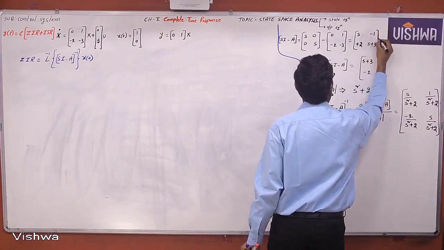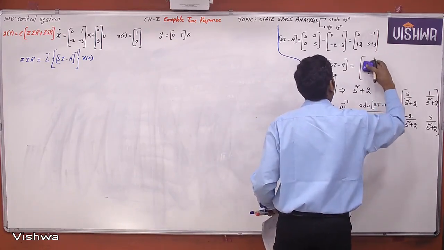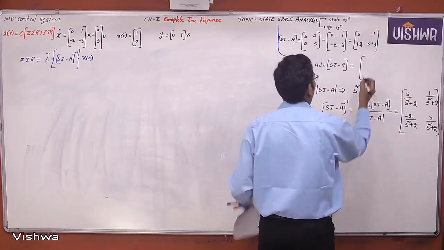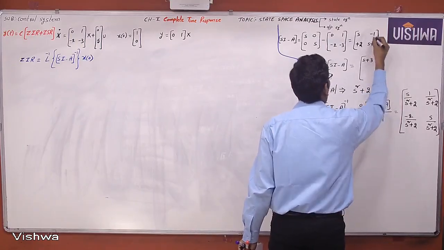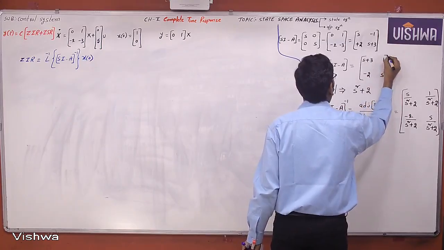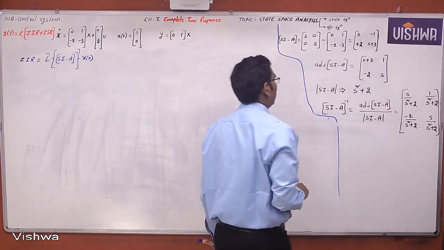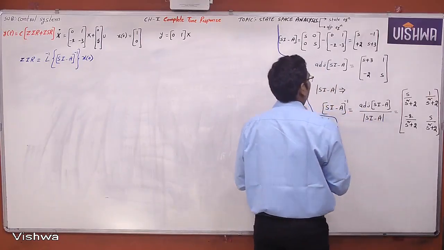What is the adjoint? The adjoint is nothing but the diagonal element positions changing: s plus 3 is here, s is here, and the off-diagonal element signs change, giving 1 and minus 2.